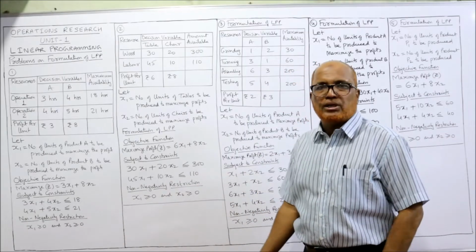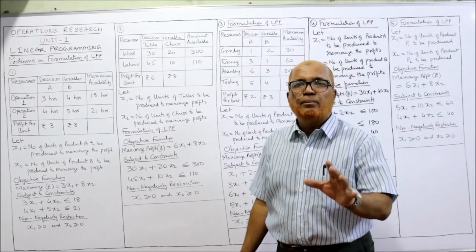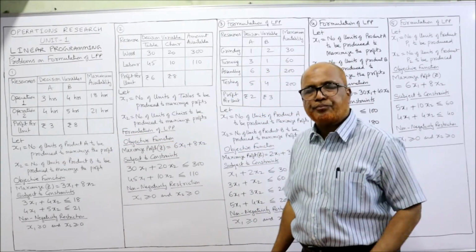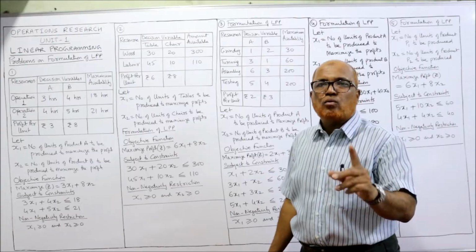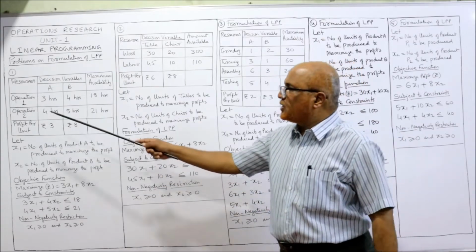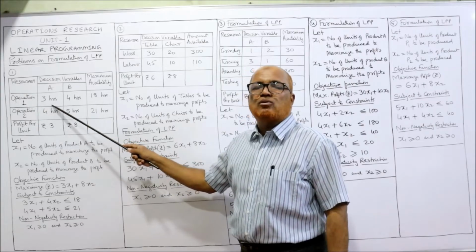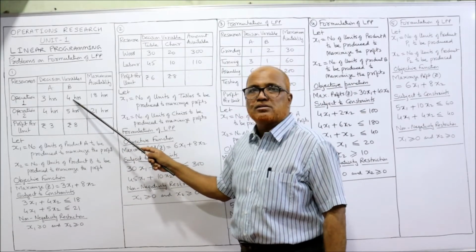Subject to constraints. The constraints are, we have limited time in operation 1 and limited time in operation 2. Now, how much time is required per unit of A for operation 1? 3 hours. Same operation 1, how much time is required for B product? 4 hours.